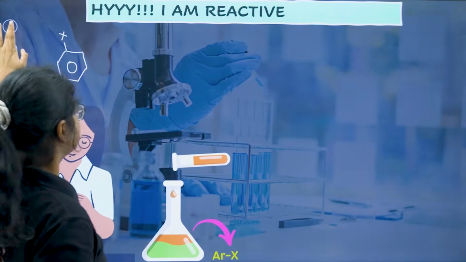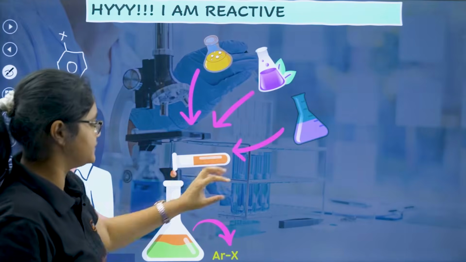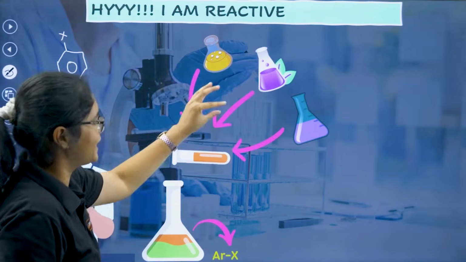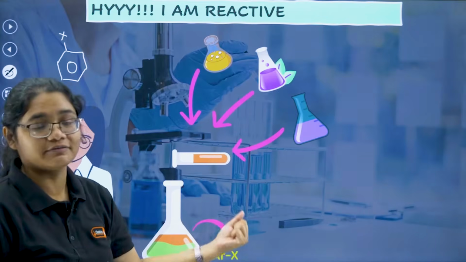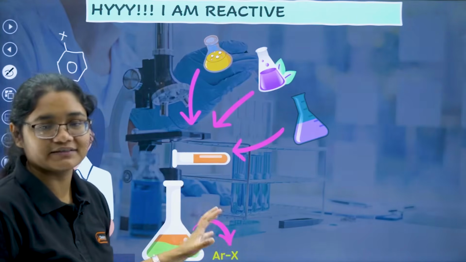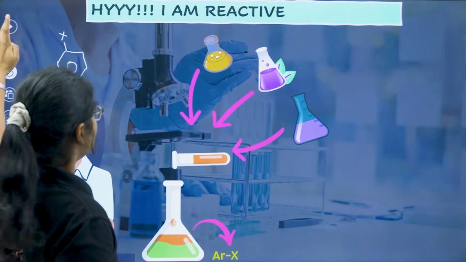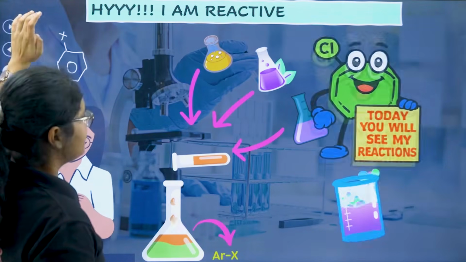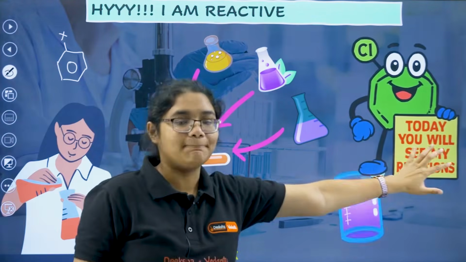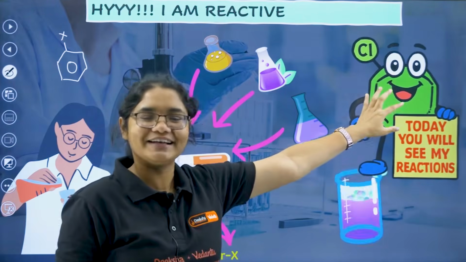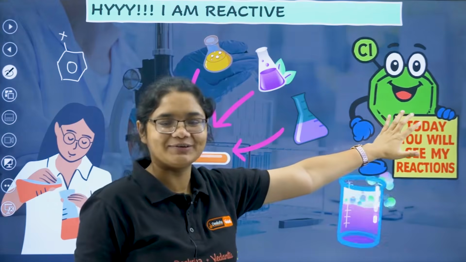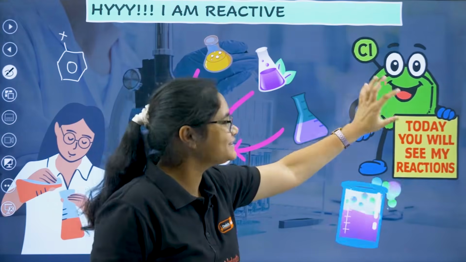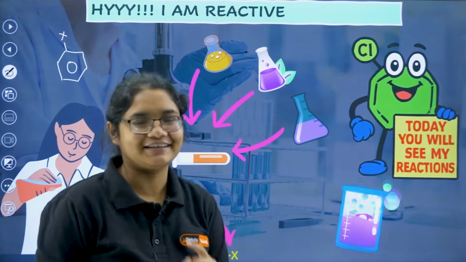So today we will be studying all the reactions, that is, what all compounds we can add to these haloarenes, what type of reaction it will show, and what will be the products of these reactions. Okay, so we will mix them, and today you will see my reaction. So this is our cute little haloarene. Do comment down how our chlorobenzene is looking, is it cute or not. So this haloarene, we will be seeing its reactions.